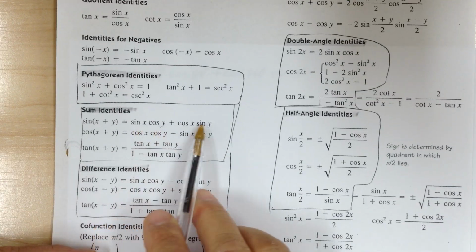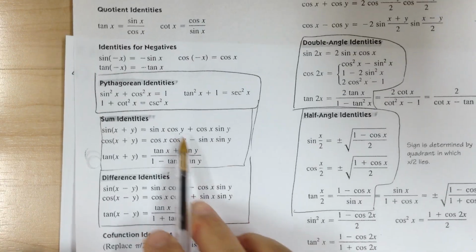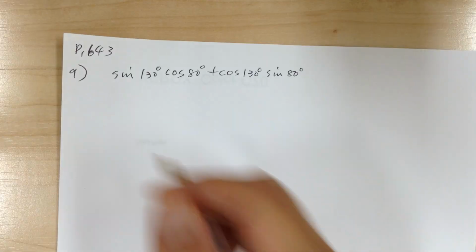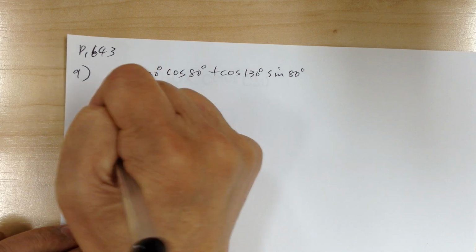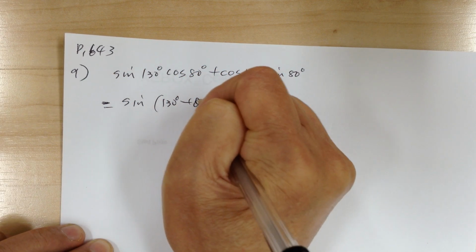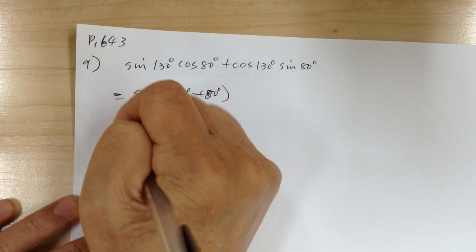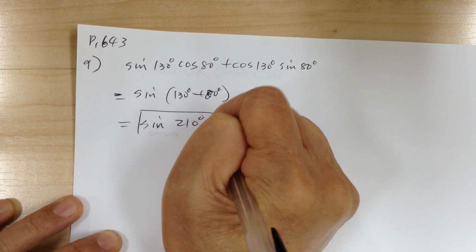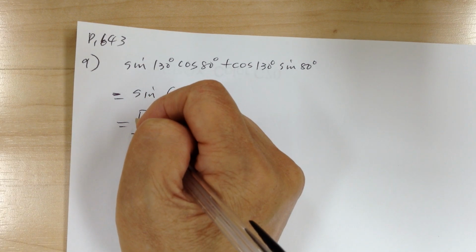You have the sine, cosine, and this plus, so it's this one here. It's the sum of the two angles. So this is equal to sine of 130 plus 80 degrees, which is equal to sine of 210 degrees. So that's the first part to simplify.